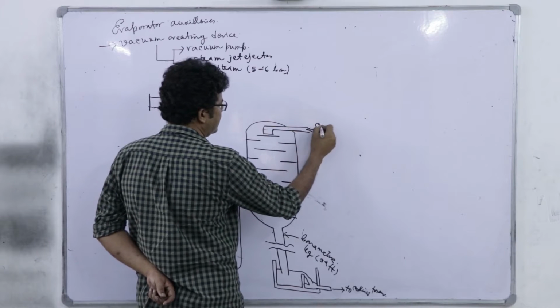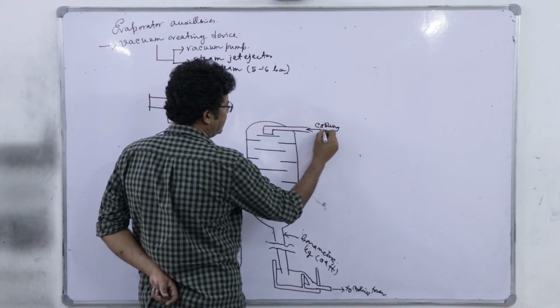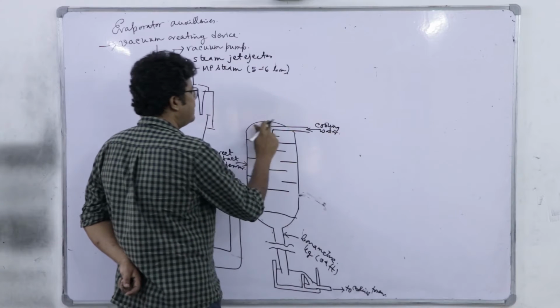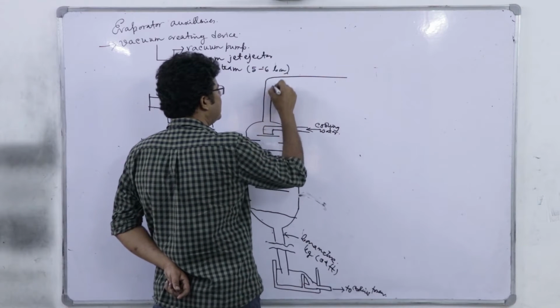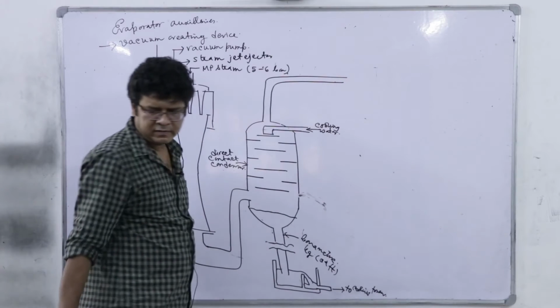So, here this is the cooling water line. From this, the incondensable enters the second steam jet ejector.